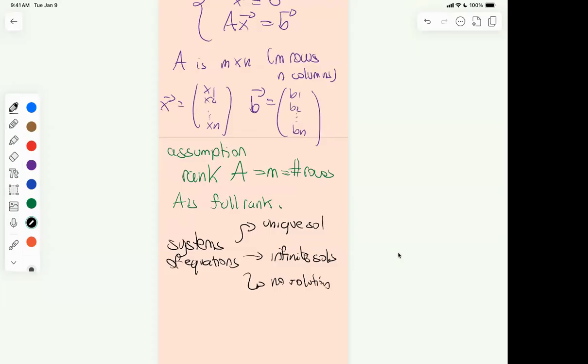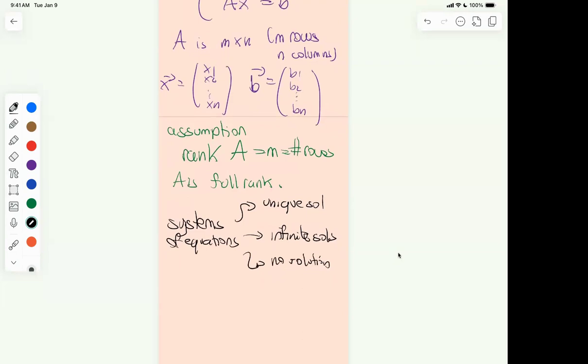But making that assumption on the rank prevents that from happening. So this won't happen because of the rank condition.